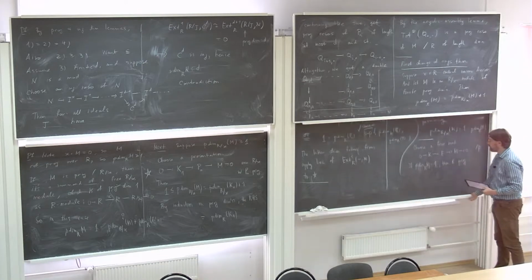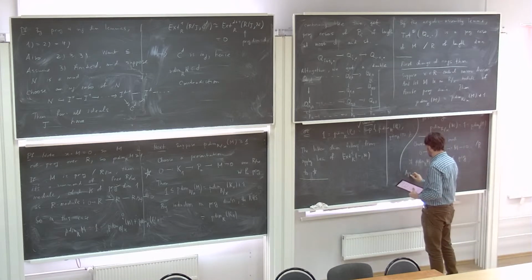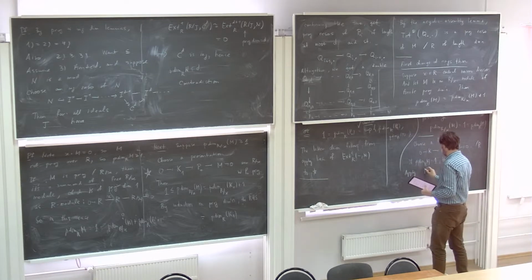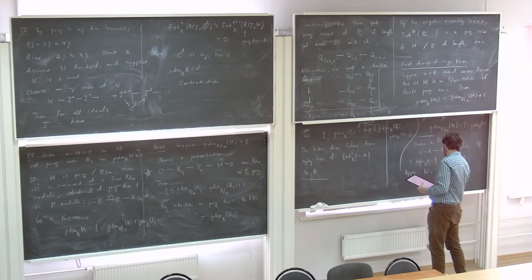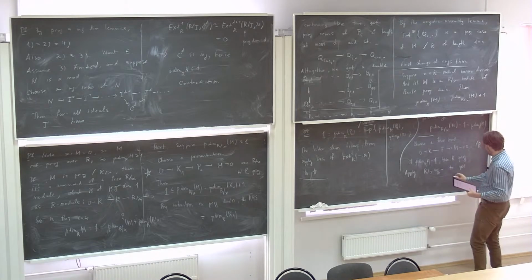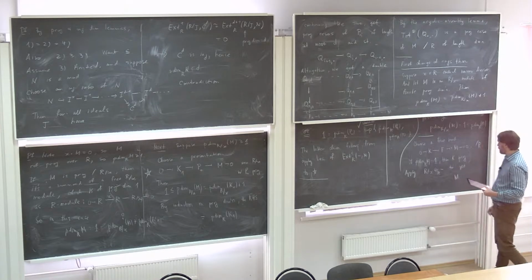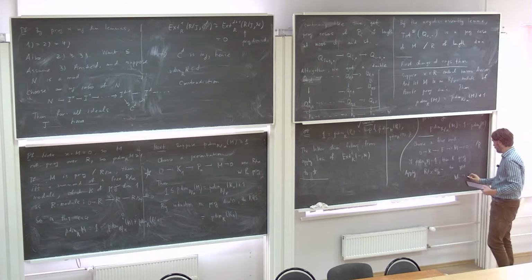And now if I tensor with R mod x, what do we get? So here I'll get M itself, because M was already defined over R mod x.